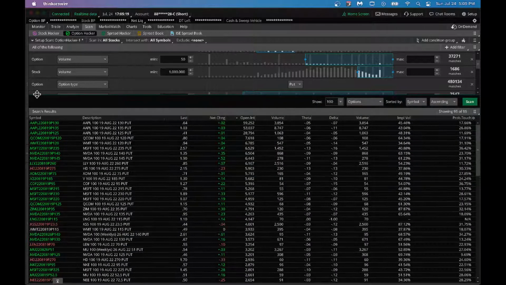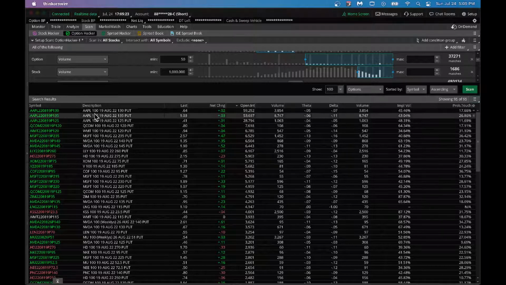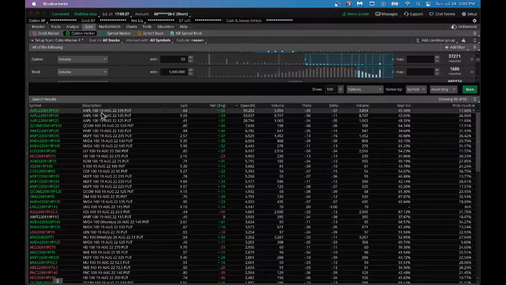All right, so now we got our stocks here. Look, Apple is at the top here. As you can see here, you could sell Apple $100 put options for August 22, which is a couple of days out here. You could make 64 cents.